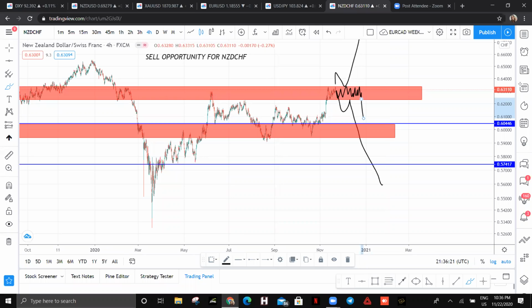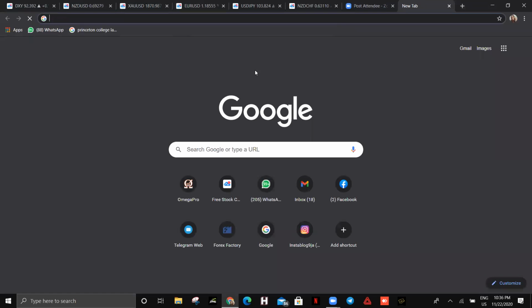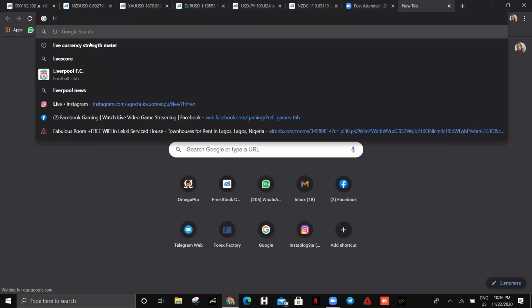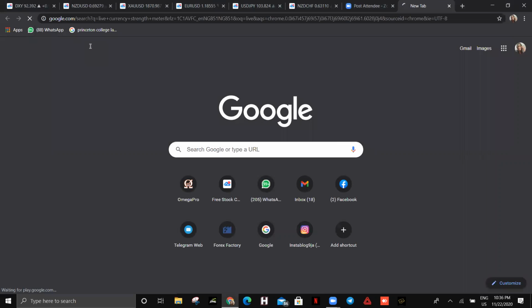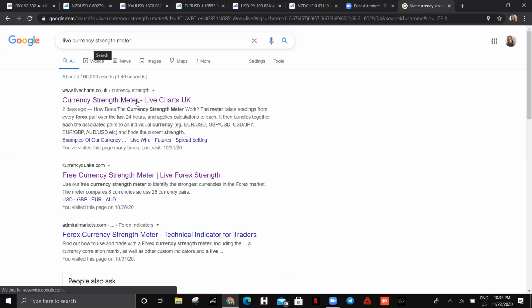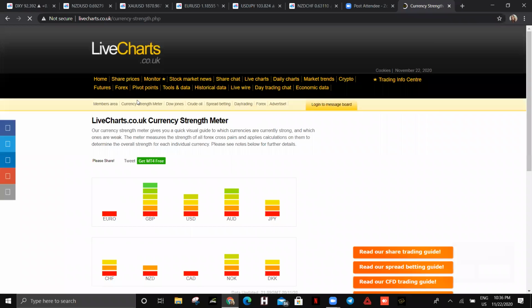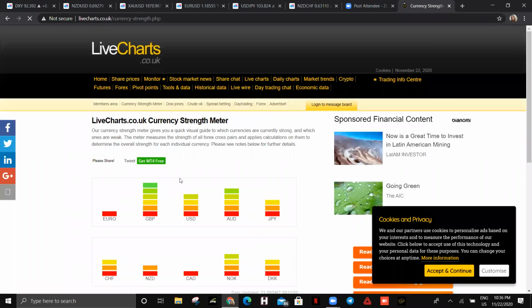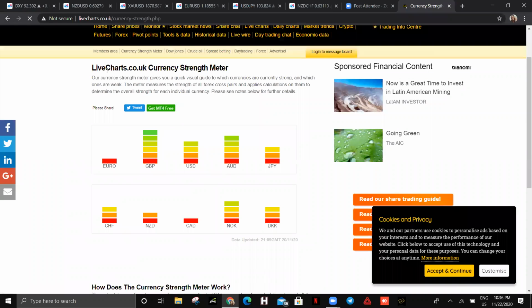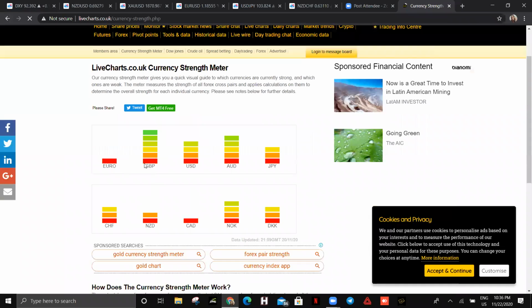Any currency meter we can use? Okay, the currency meter you can use is called live charts. Let me type it here. Just go to Google and search for live currency meter. This currency meter refreshes every 1 minute. Okay, look at it. As at the last time this currency meter refreshed, it showed that euro was weak, GBPUSD strong.